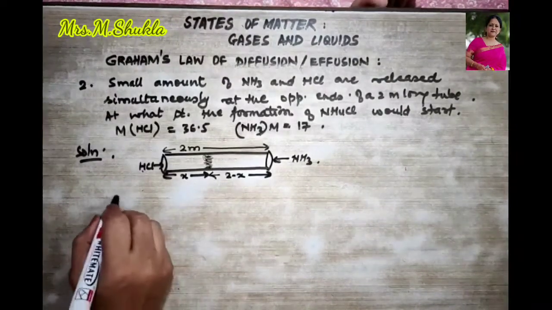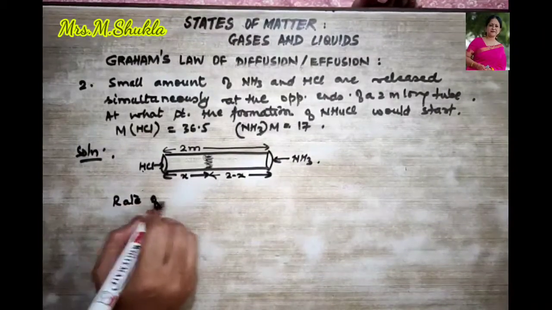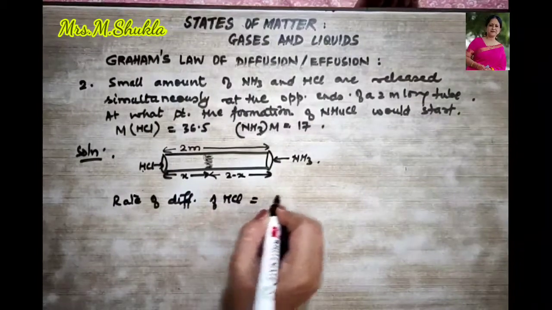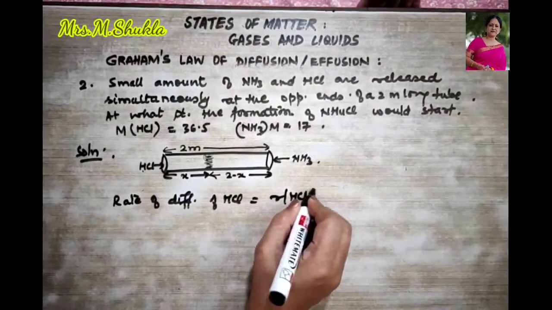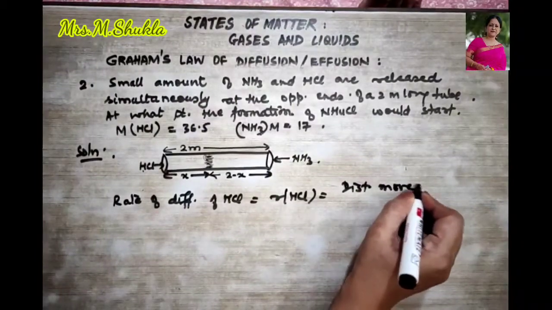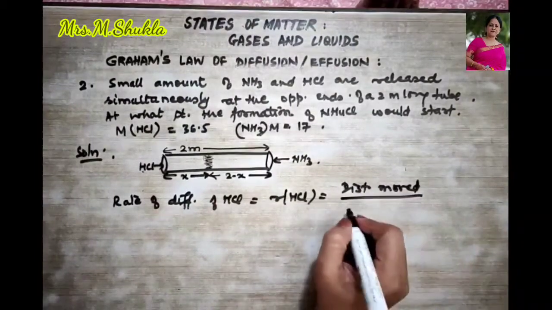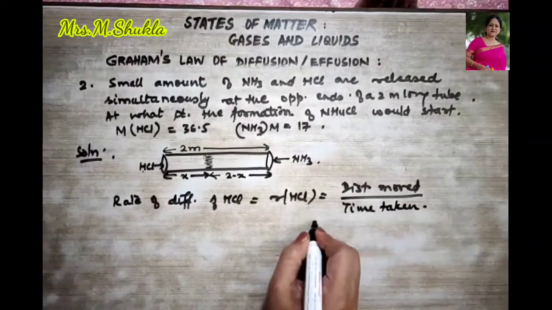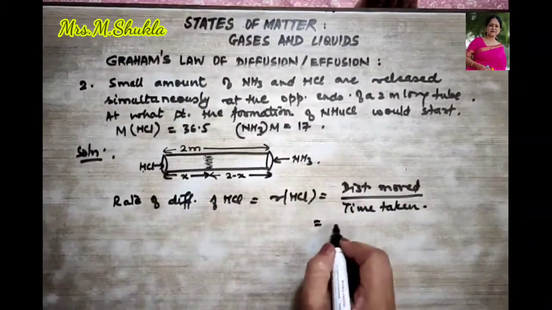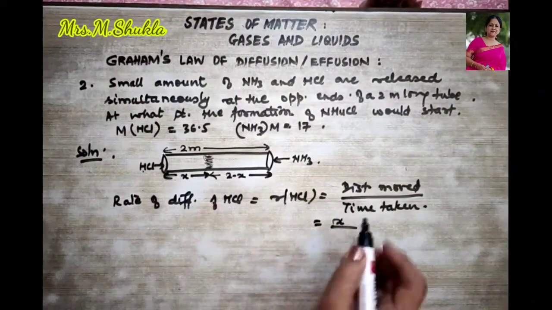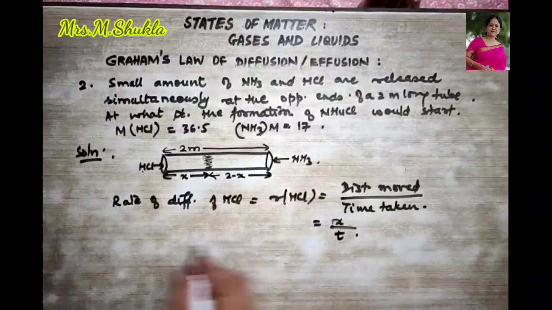Now let's look at the rate of diffusion of HCl. This will be equal to distance moved upon time taken. So distance is x, and time taken is t.